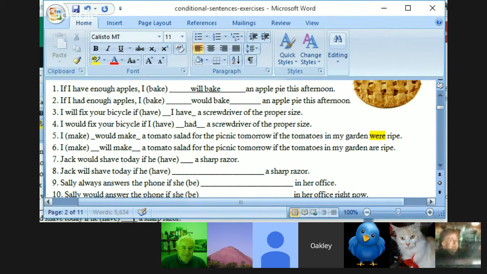There are other possibilities to use instead of will. For example, I am going to make a tomato salad. I'm going to make, or even I'm making a tomato salad for the picnic tomorrow. No, that doesn't work. But I'm going to make would work. It's possible to use the other simple future tense.